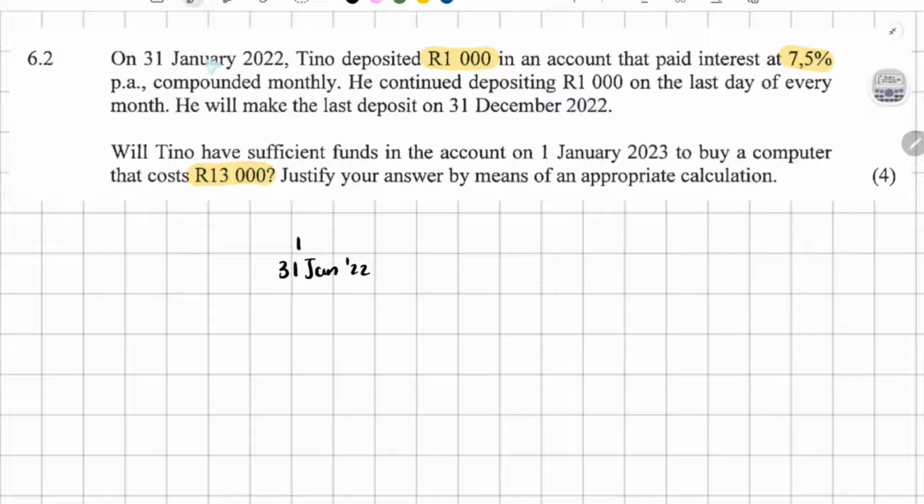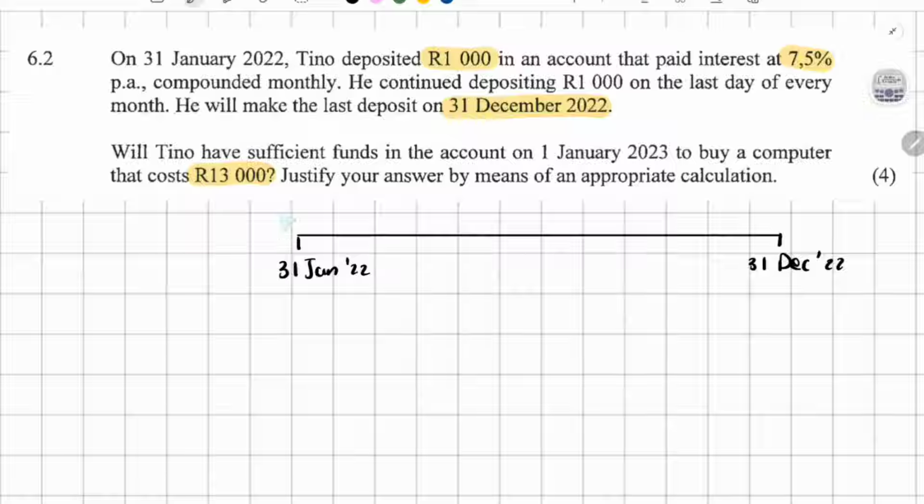He deposited first on the last day of January and then every other month all the way till the 31st of December, which is also the last day of December. So from the 31st of January all the way to the 31st of December, also 2022, these are all the deposits that he's making. He's making deposits of 1,000 Rand.